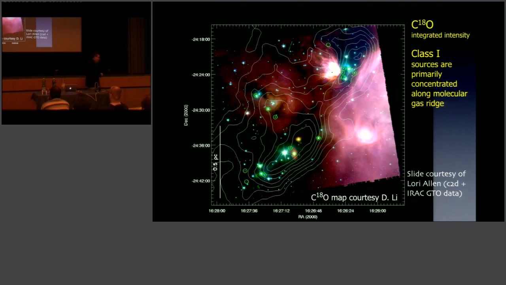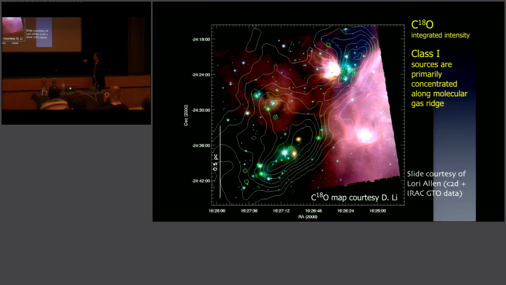This again is an enlargement on one of these clouds, the Rho Ophiuchi cloud, and you see basically the molecular gas and the point sources. The ones that are highlighted in green here are the Class Is, the ones that have still significant accretion from their envelope going onto the disk.